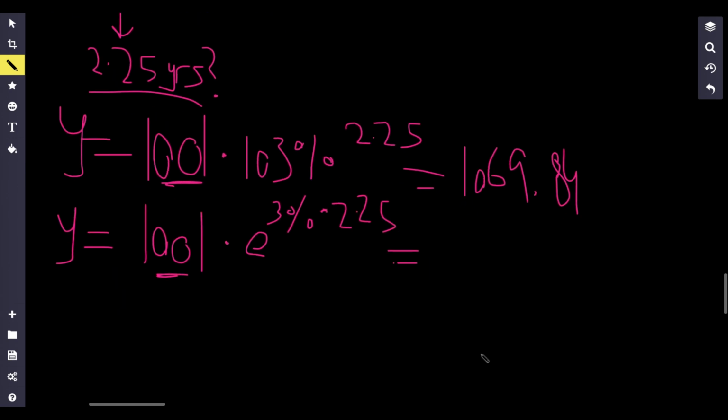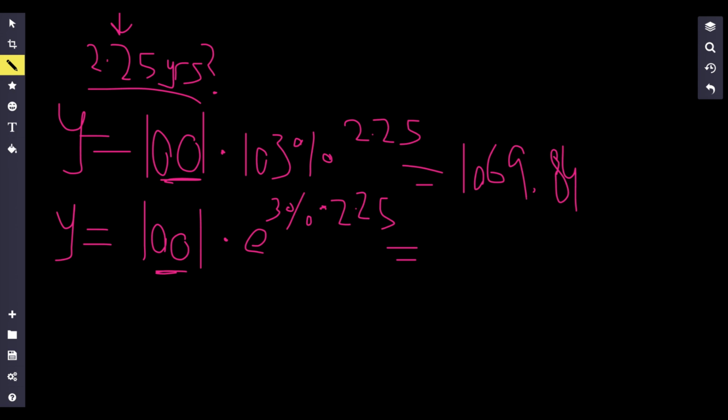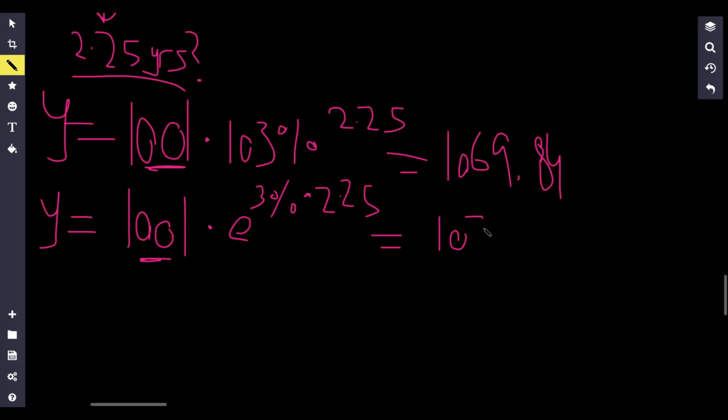So you'll get 1000 times e to the 3% times 2.25, and you get this, 0.9.